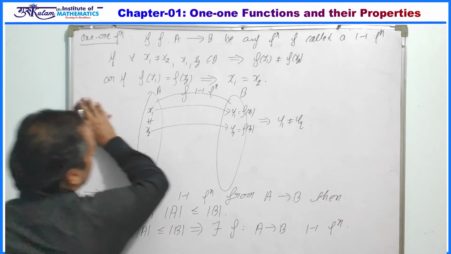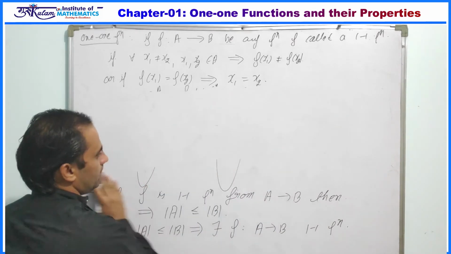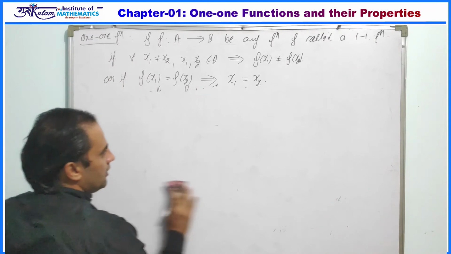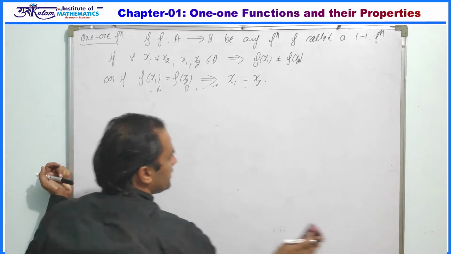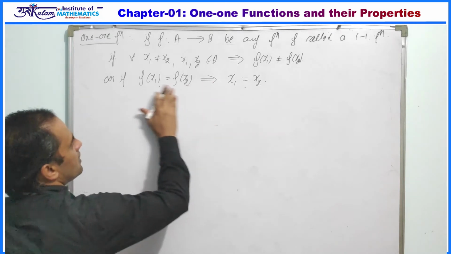And another is the geometrical meaning of the one-one function. By the definition of a one-one function, if elements are distinct, then images are distinct, or if images are the same, then elements must be the same.